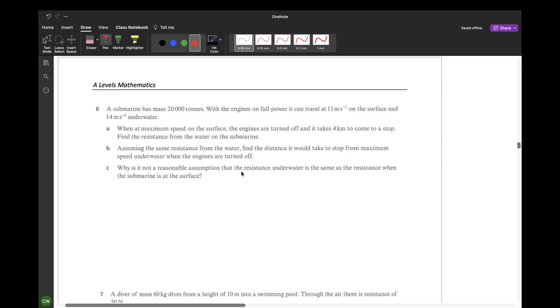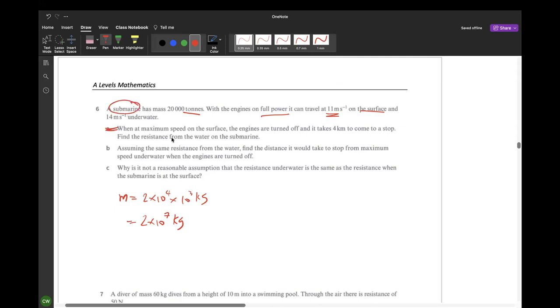Submarine 20,000 tons. A ton is 1,000 kg. So the mass is 2 times 10 to the power of 4 times 10 to the power of 3 kg. So it's 2 times 10 to the power of 7 kg. Full power travel at this speed on surface and under the water 14. Submarine can go up, can come down.